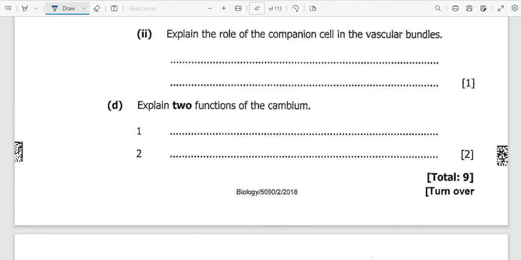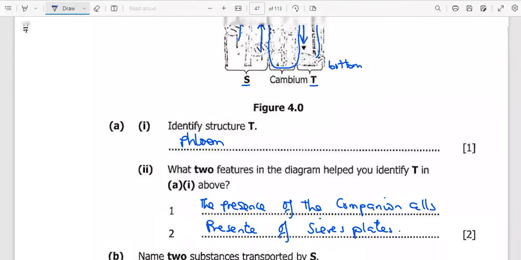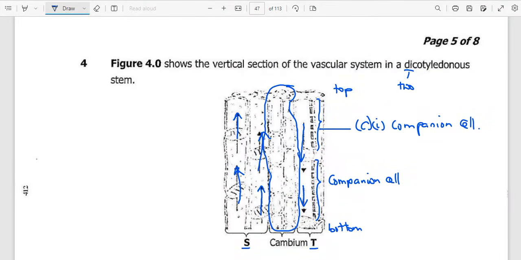We've labeled C1 there. And then explain the role of the companion cell in the vascular bundle. So they control the activities of the phloem vessel by producing enzymes. Not only do they help in controlling the activities of the phloem, but they also help to give the position or the structure of the stem.